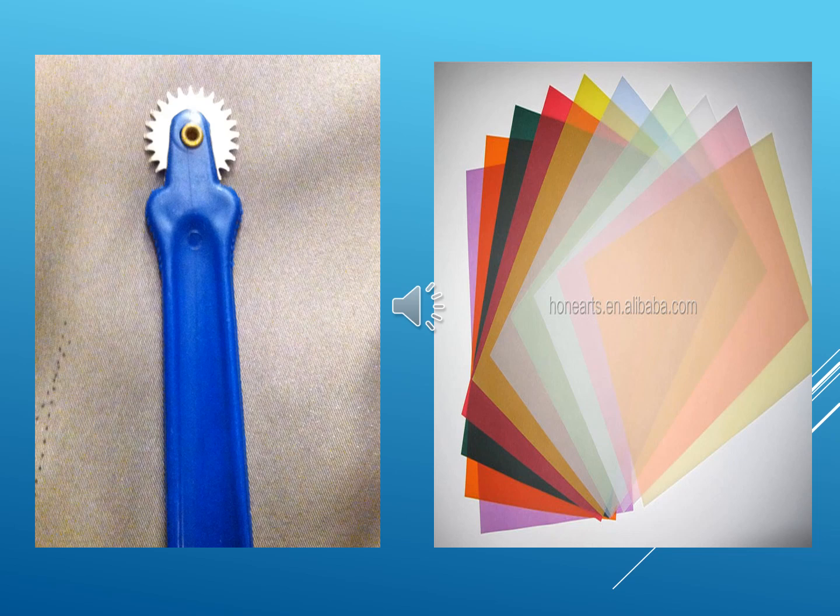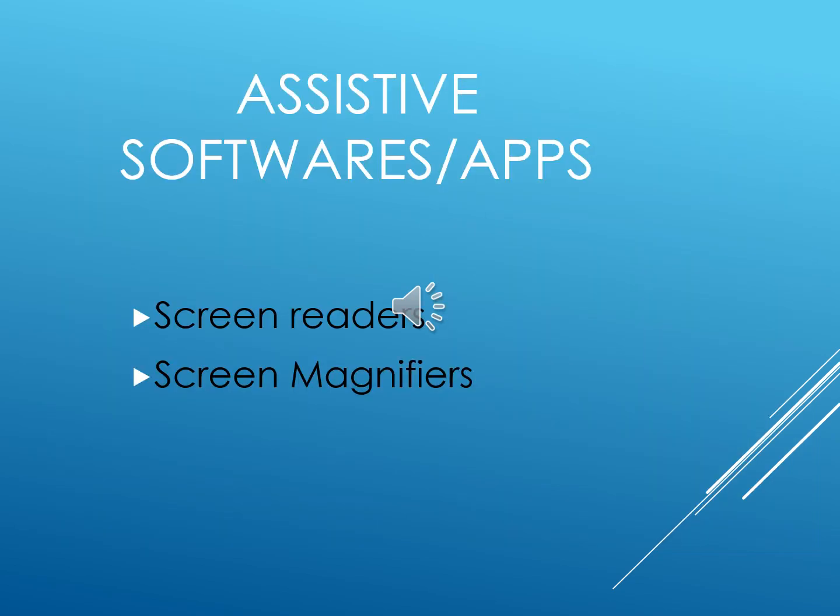Napakadali lang po siyang gamitin, no? Parang ipe-press, i-roll mo lang. Pwede ka nga rin gumamit nung tracing pens or other tracing materials, no? Kasi yung tracing paper na to, you can just make different lines or different figures, two-dimensional, 2D figures using these materials.